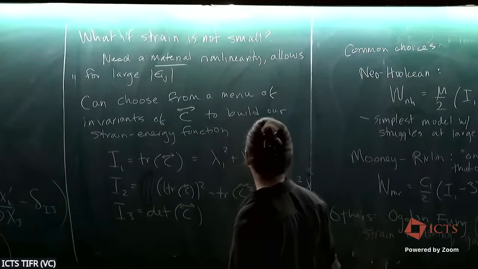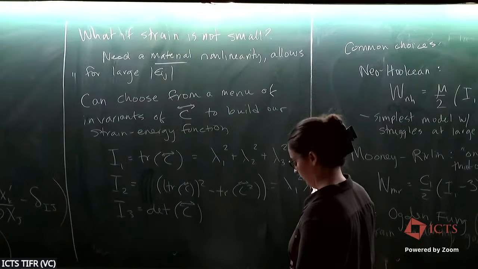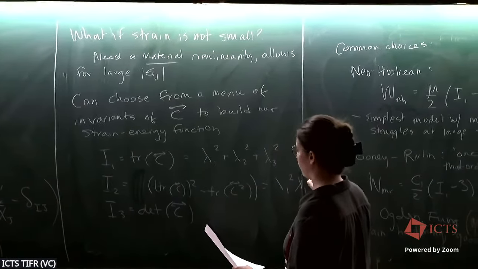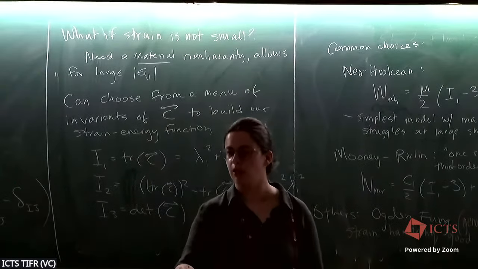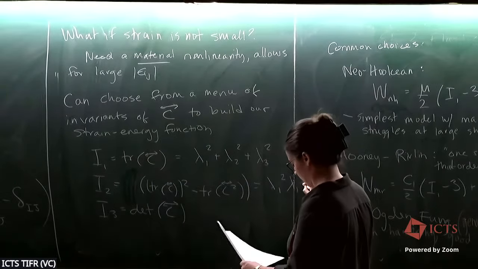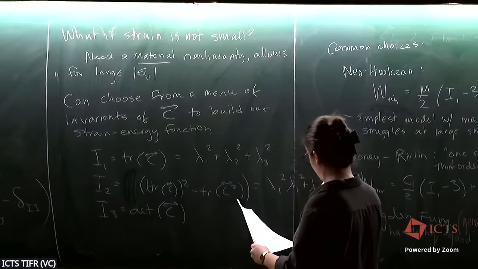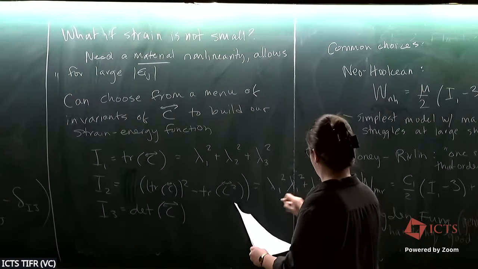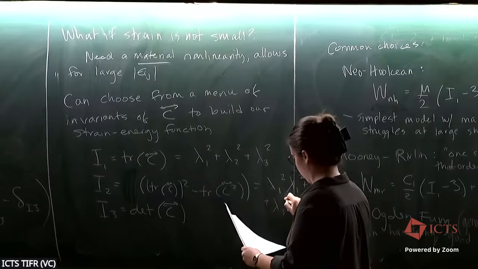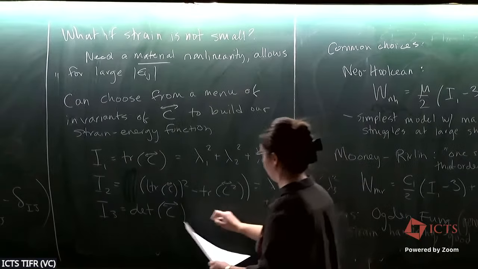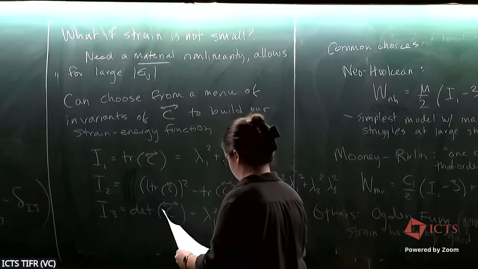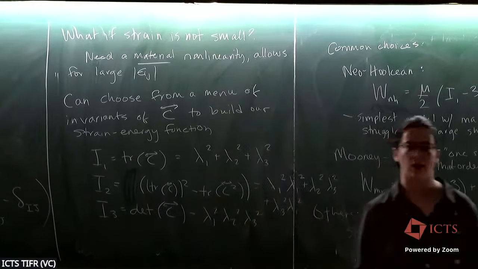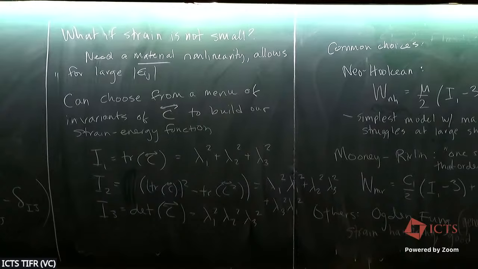It's the sum, right? This is in terms of the lambdas for F, not for C. Right, okay. And these are the more recognizable versions of them. So these are in terms of the stretches, which are the eigenvalues of the deformation gradient tensor.